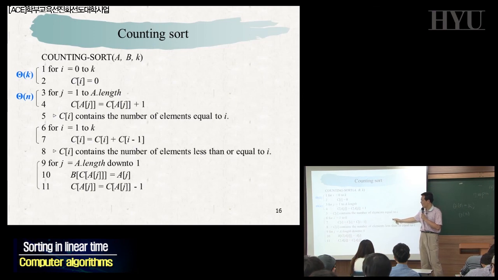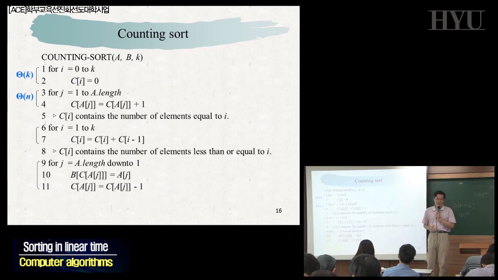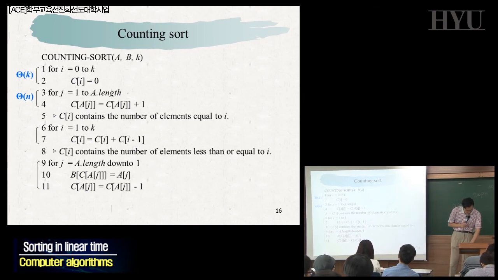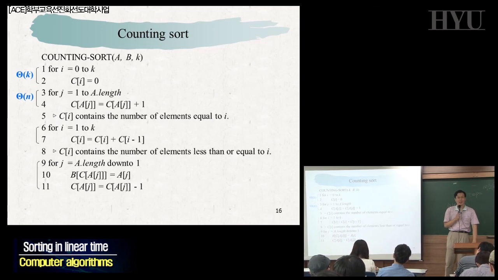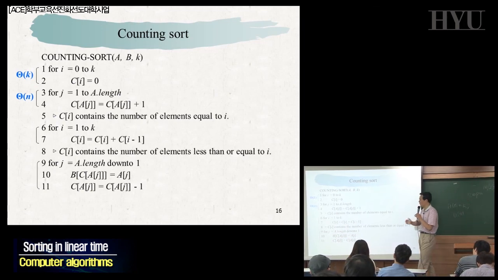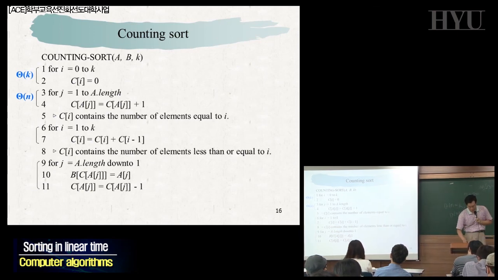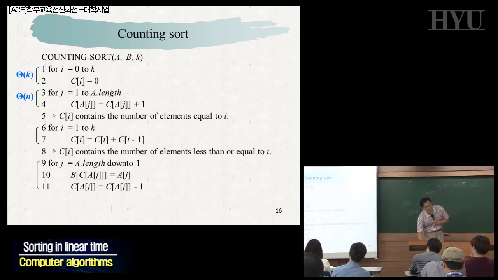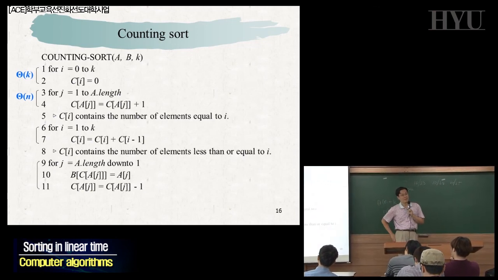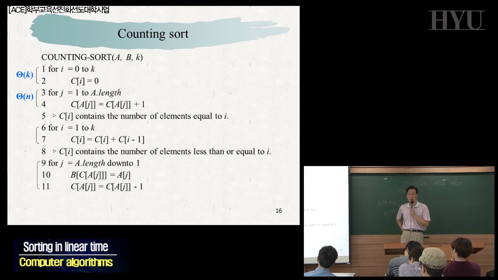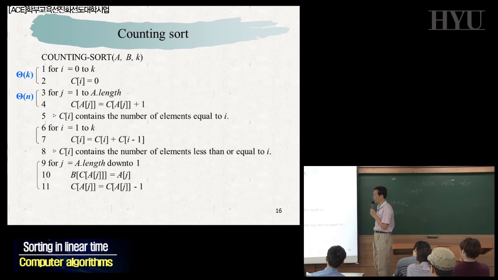Okay, then next, can you explain the lines 6 and 7? Yes, it's accumulation or summation.